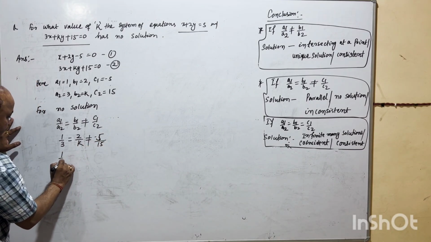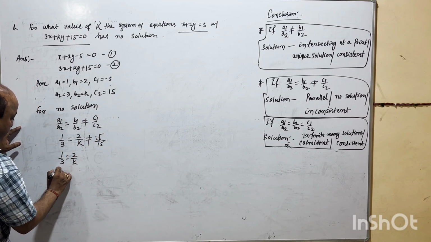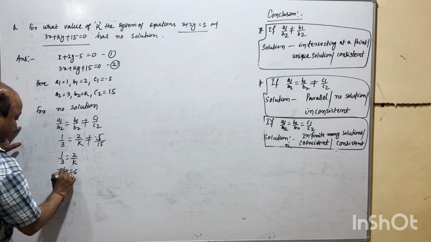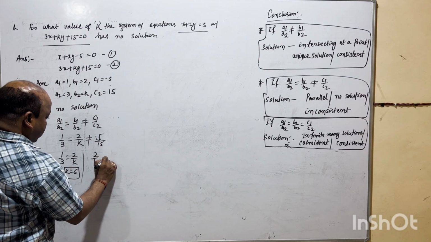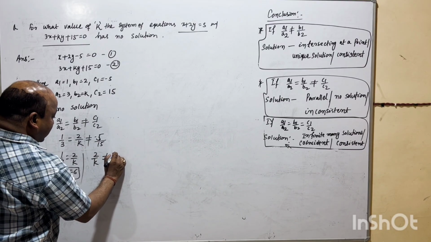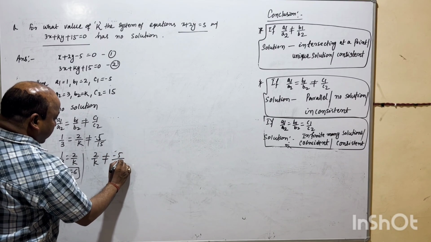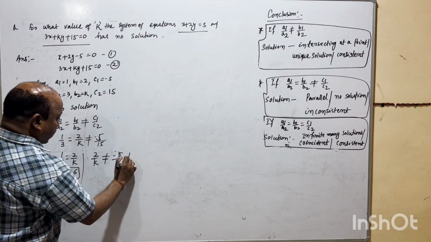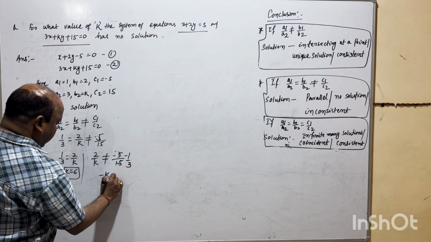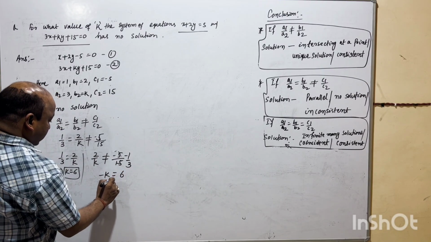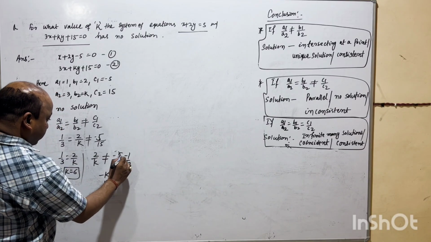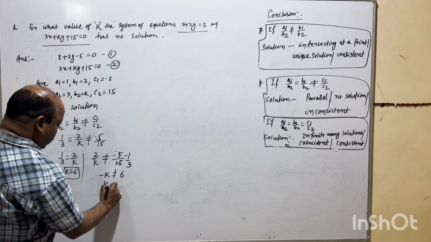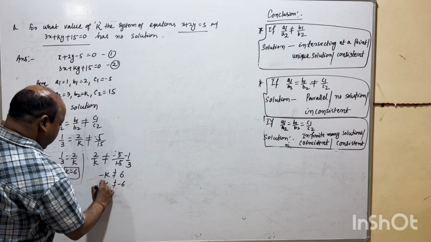So 1 by 3 equal to 2 by k. Cross multiply: k is equal to 6. Then 2 by k is not equal to minus 5 by 15, which is minus 1 by 3, so k is not equal to minus 6.